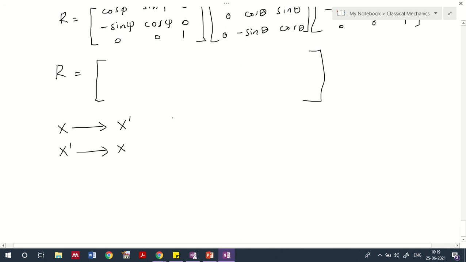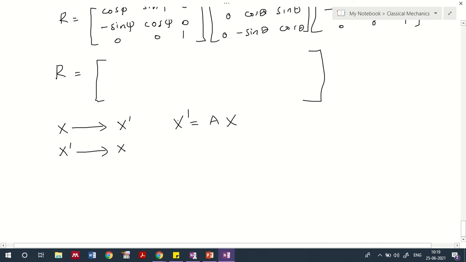So for transforming x into x dash, x dash is equal to R x.